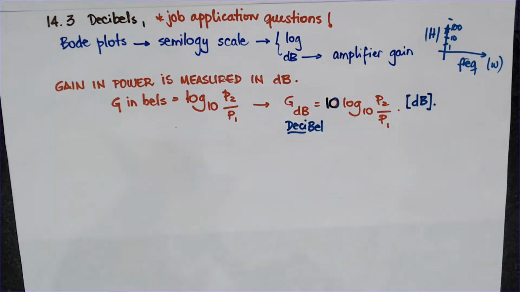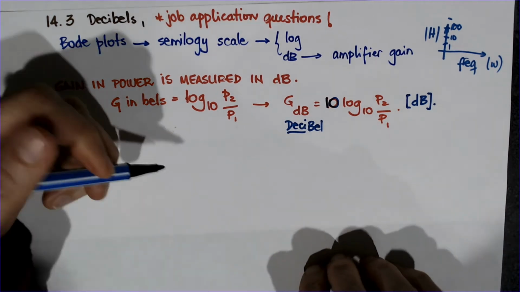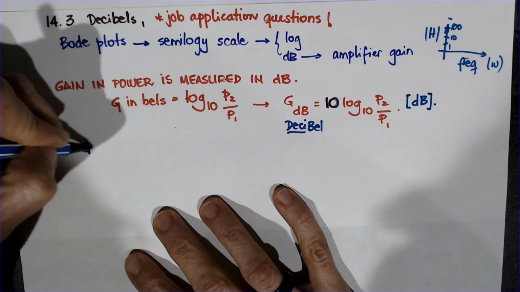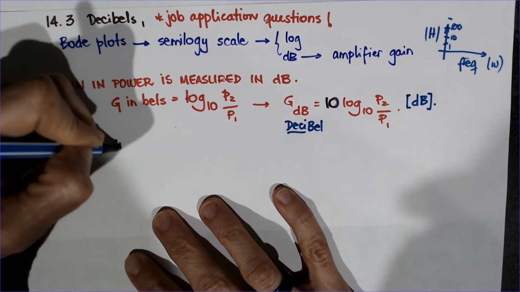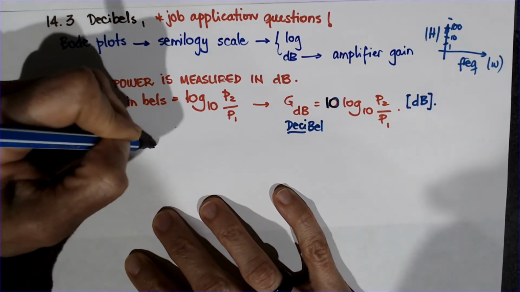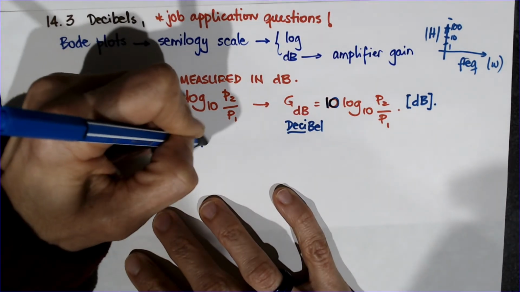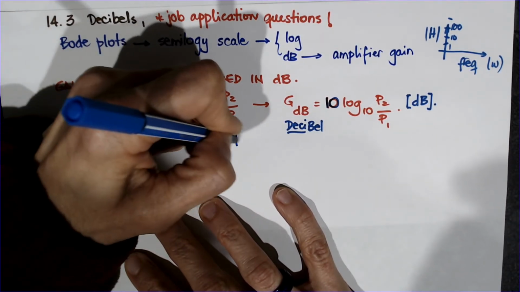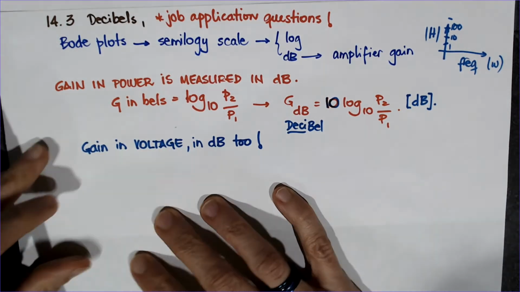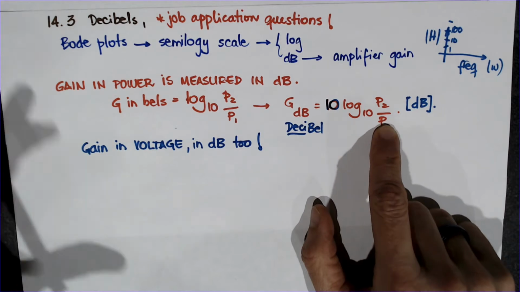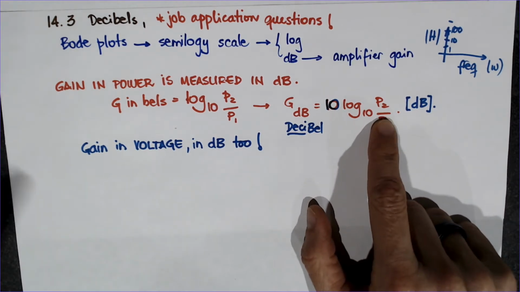I'm also going to tell you that the confusion is that there is also the gain in voltage that's given in dB. But then, instead of multiplying by 10, what happens is that power is really voltage squared divided by resistance.